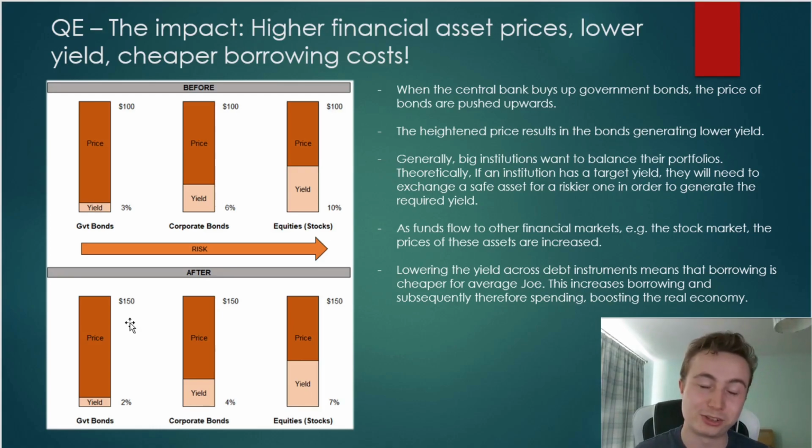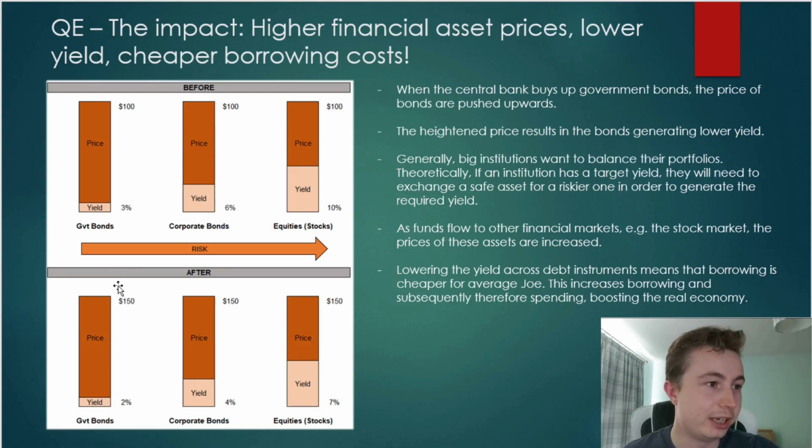When demand for a good or service or debt instrument increases, then the price will increase, yeah? Higher demand tends to lead to higher prices unless there's an offsetting supply increase. So suddenly, wow, the government's come in, they want to buy all of these bonds. Well, that's going to cost you because the price has to go up.